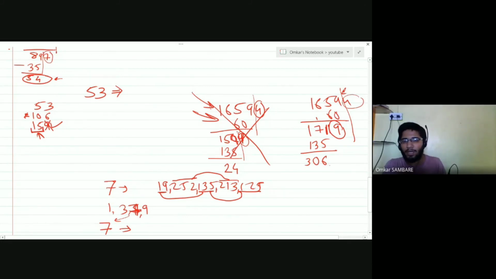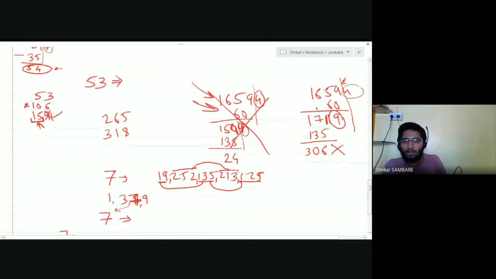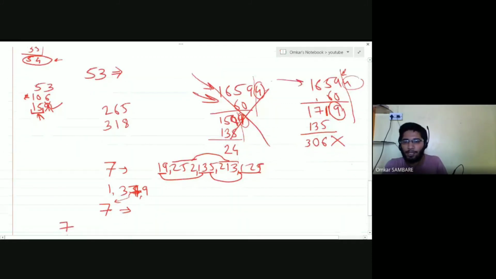We can check that easily. 53 5s are 265 and 53 6s are 318. So 306 is not divisible by 53. So the number is not divisible by 53.